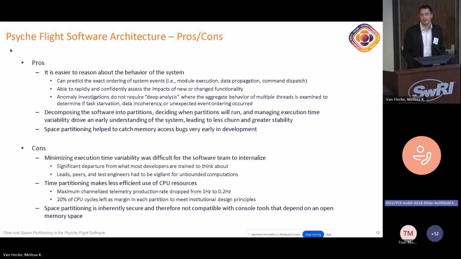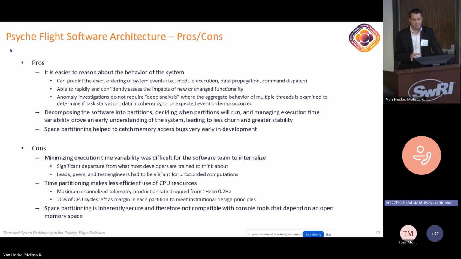So that's something that came up a lot during our code reviews. So also just really by nature, right? Time partitioning is not quite as efficient user of CPU resources as the legacy system. So, for example, everything is deadline enforced in our system. And to meet our institutional design principles, we had to leave 20% of the CPU margin unused at launch.